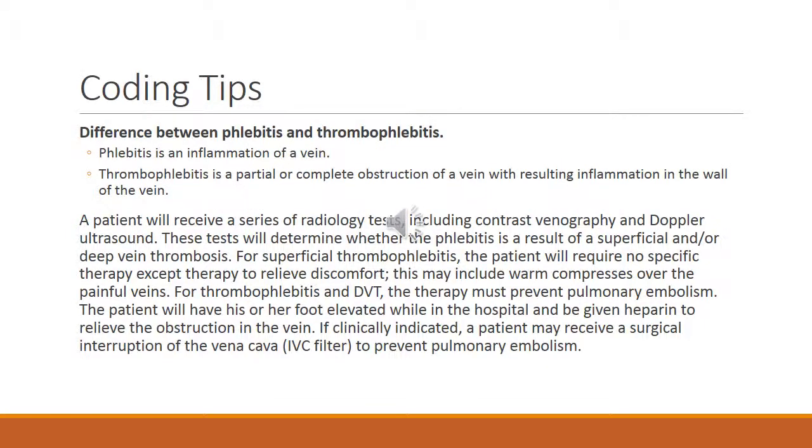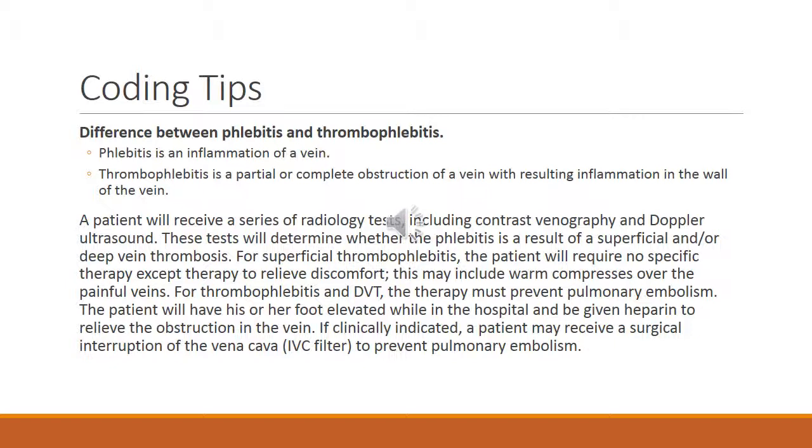Okay, continuing on with coding tips. The difference between phlebitis and thrombophlebitis. Phlebitis is an inflammation of a vein. Thrombophlebitis is a partial or complete obstruction of a vein with resulting inflammation in the wall of the vein.